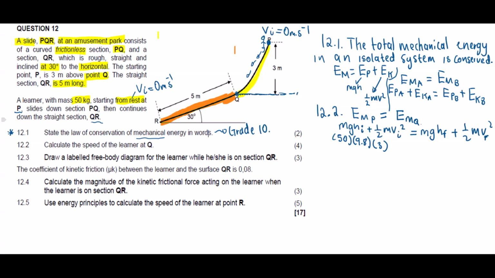So if this is our zero reference, it means that point Q will have 0, right? So this one, we add it with the velocity. It's saying that it's starting from rest, so here it's going to be 50 and 0 squared. So at this point P, he is at rest. You see that? The learner is at rest.